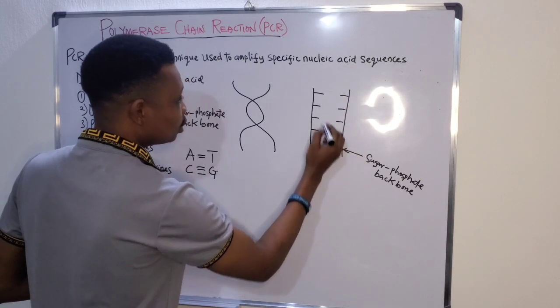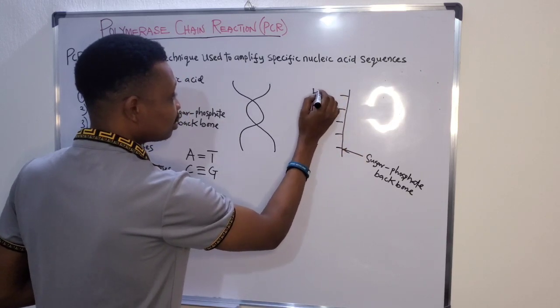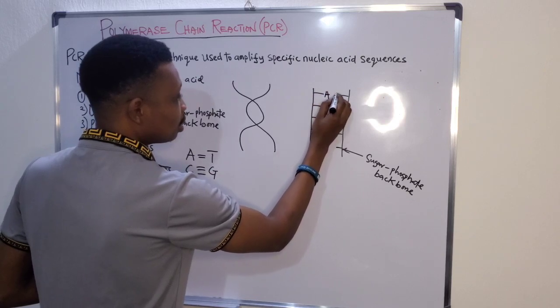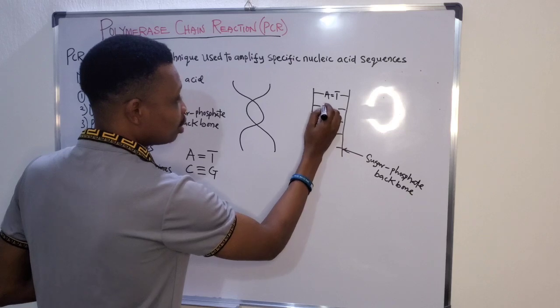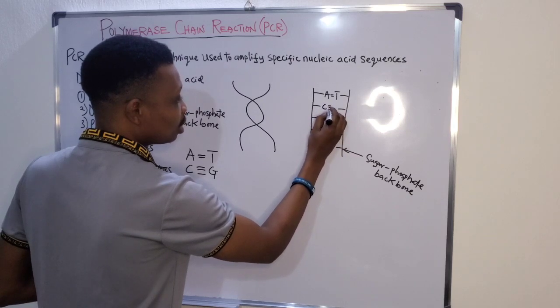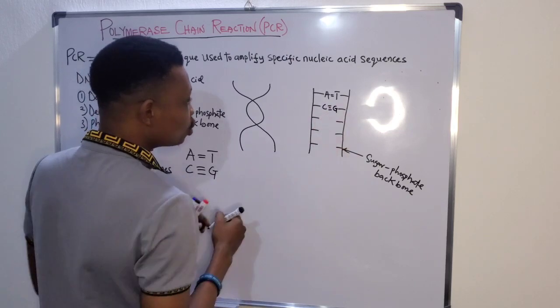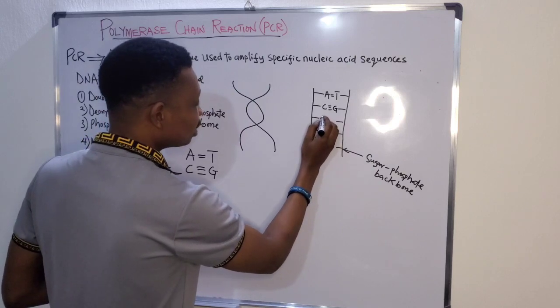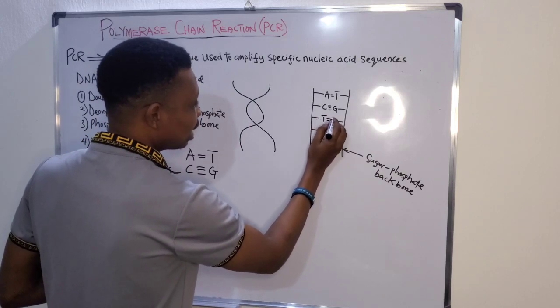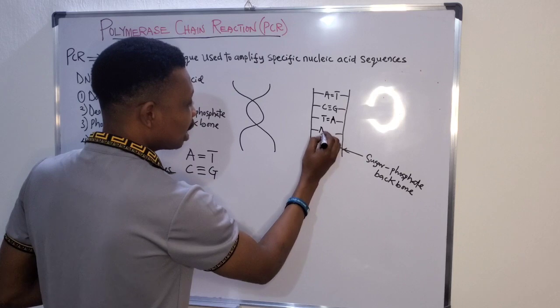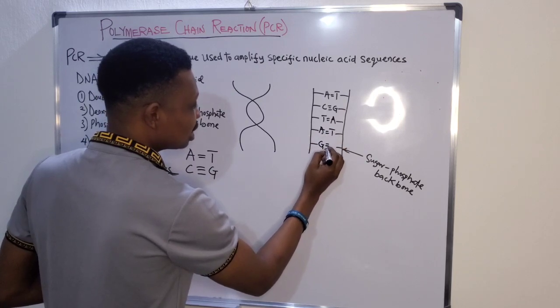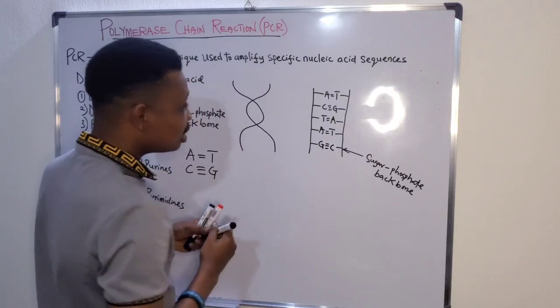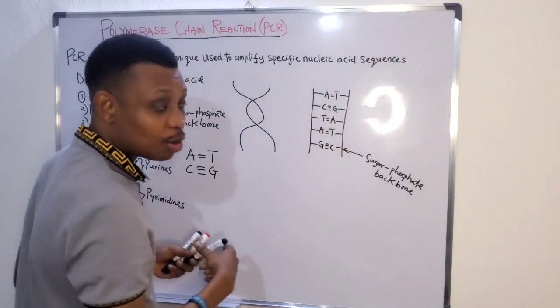So if we have adenine, there will be thymine here with 2 hydrogen bonds. If we have cytosine, there will be guanine. And then let's say thymine and adenine, and guanine and cytosine. So we can see that both strands are complementary.